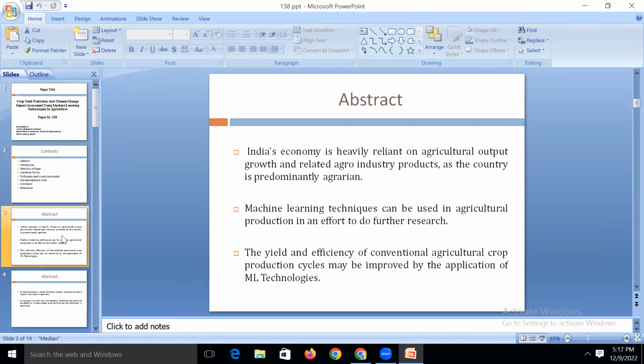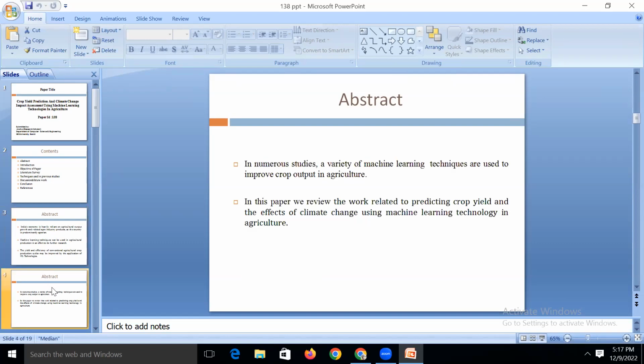As we all know, India's economy is heavily reliant on agricultural output growth and related agro-industry products, as the country is predominantly agrarian. Machine learning techniques can be used in agricultural production for further research. The yield and efficiency of conventional agricultural crop production cycles may be improved by the application of ML technologies.